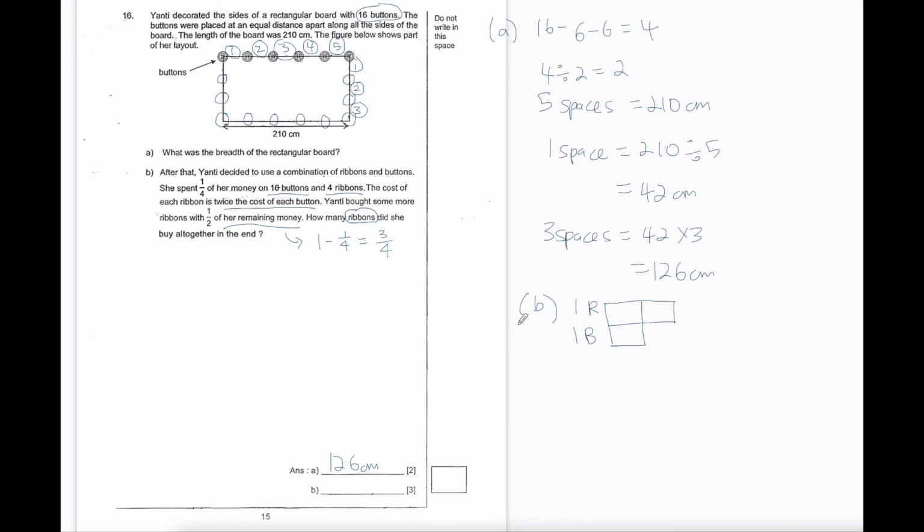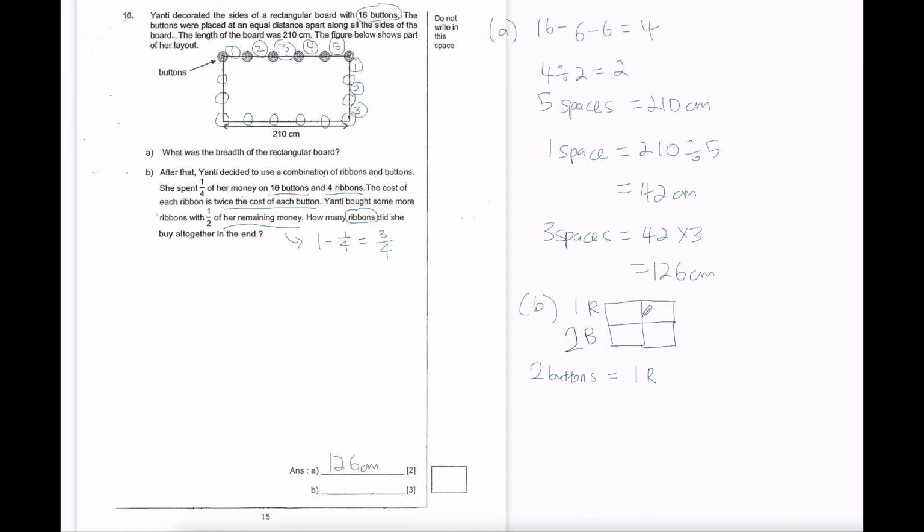I need to put 2 buttons, correct? So my 1 has to become 2 so that the price is the same. You understand? I'm just adding 1 more button here. Okay, so from this model, we can see that 2 buttons equals to 1 ribbon.